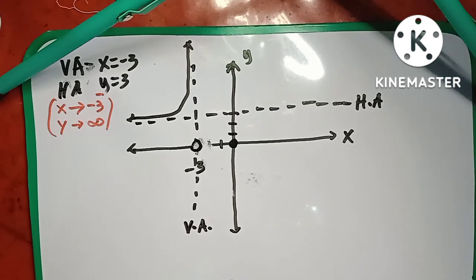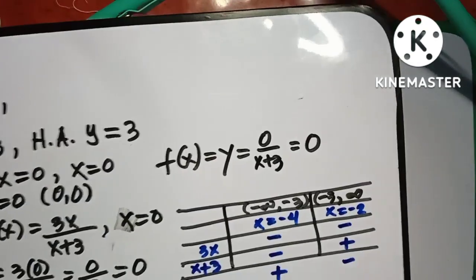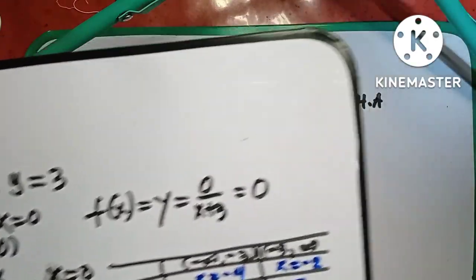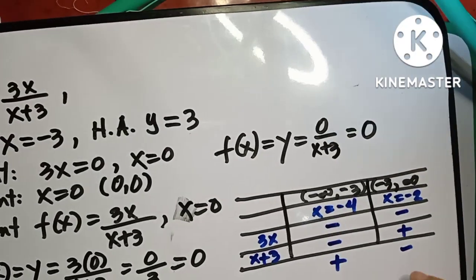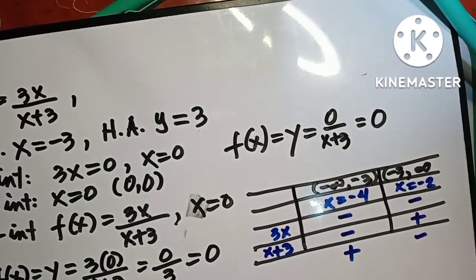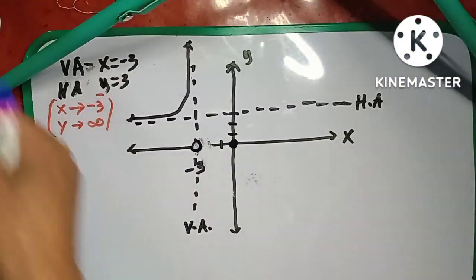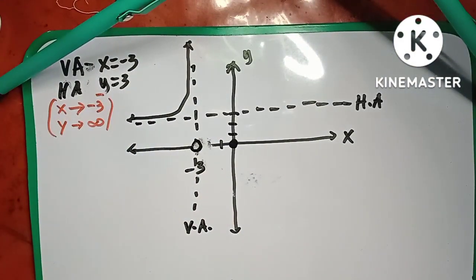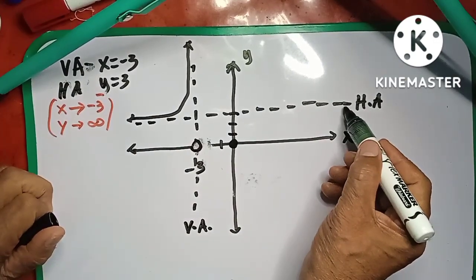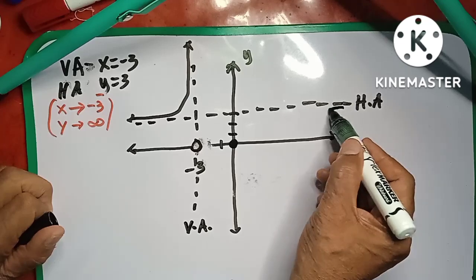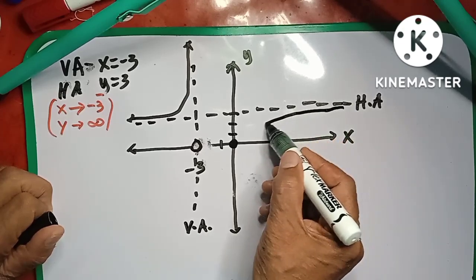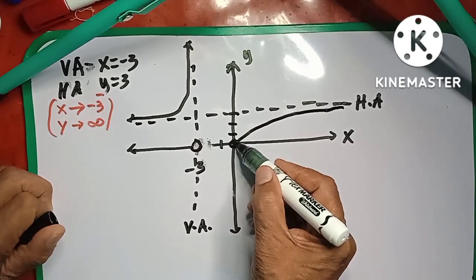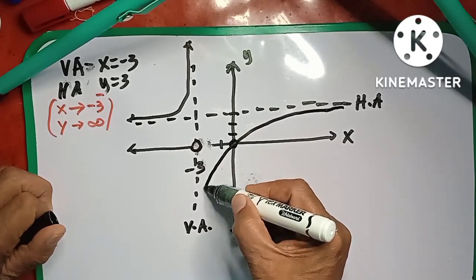In the interval negative 3 to infinity, the sign is negative, so it's going down. It starts a little bit closer to the horizontal asymptote, and passes through the x-intercept and y-intercept, going there.